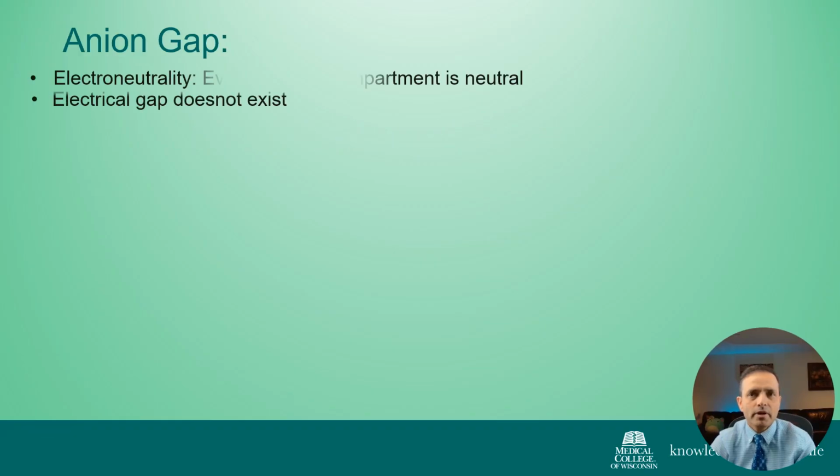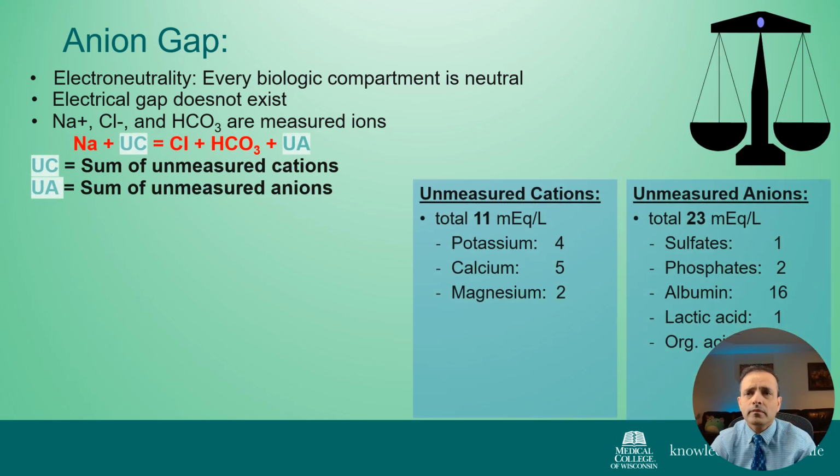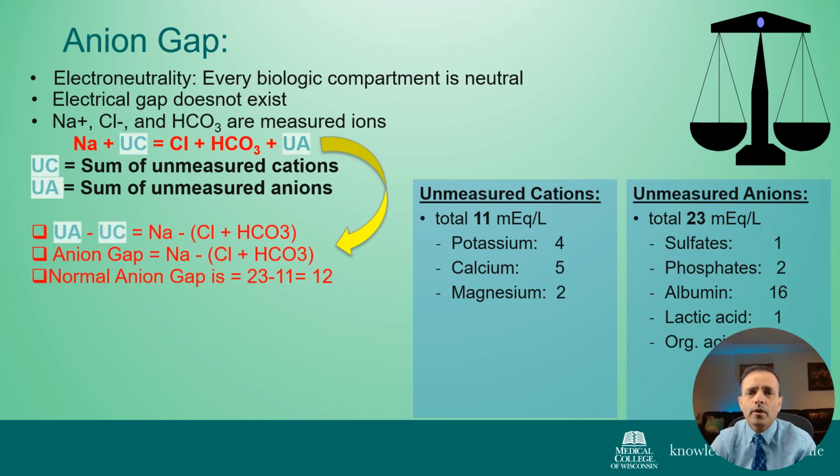So let's discuss anion gap. How does this gap exist? All the compartments are supposed to be electrically neutral, so there is no electrical gap. The gap is between unmeasured anions and unmeasured cations.